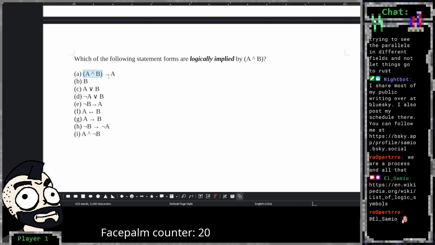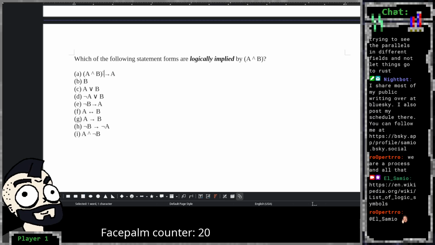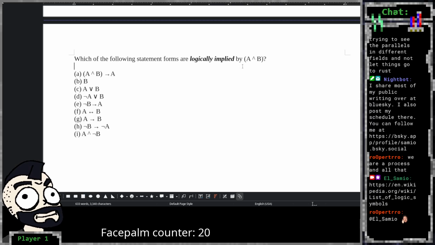If A and B implies A under a truth formula, then A is logically implied by A and B. This is of course intuitively correct because A and B is only true when both A and B are true.